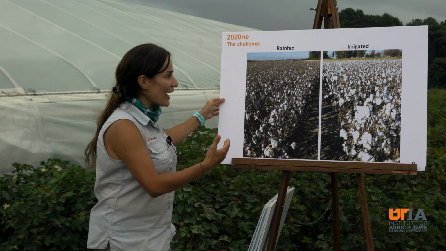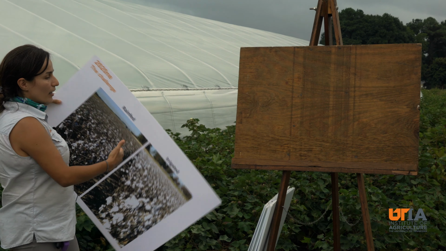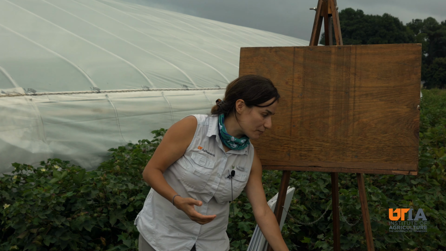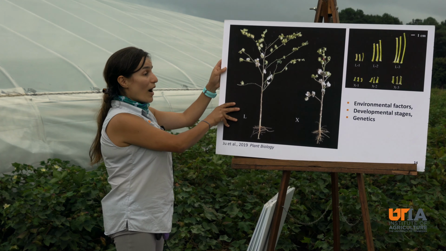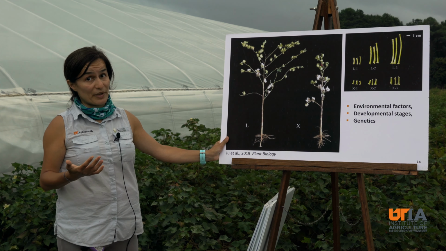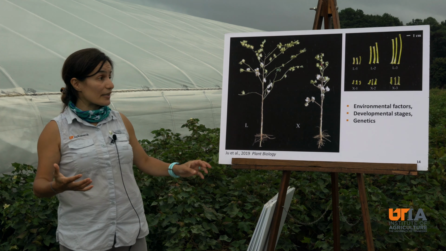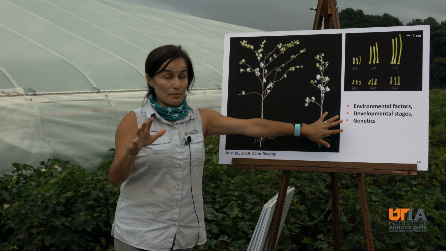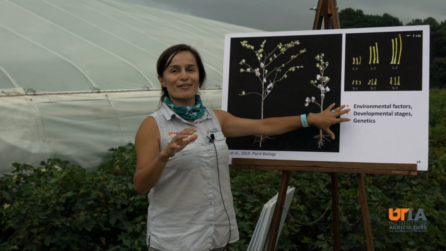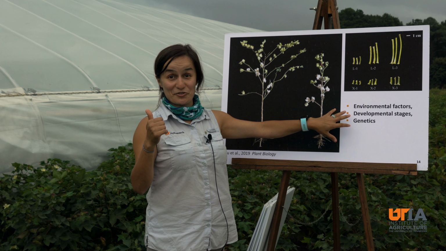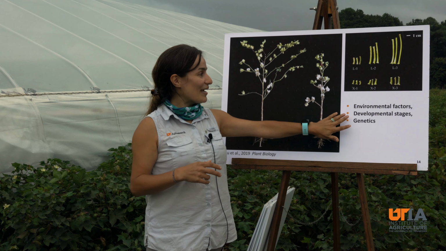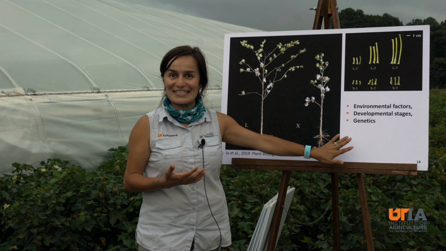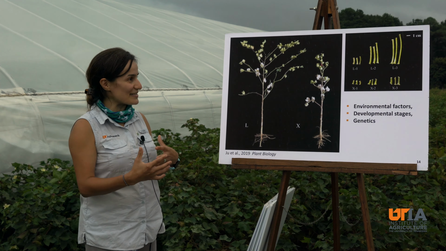So how can we manage this under the different water management that we have in the field? Why are we talking about water management for this PGR Pix application? Because PGR application, Pix for example, is very related to environmental factors such as water, soil, heat, also developmental stages, and cultivar genetics, which we keep discussing all of these items.